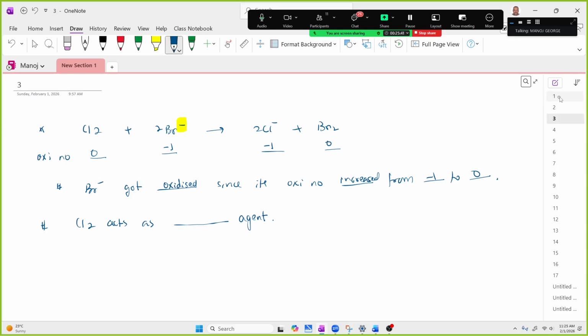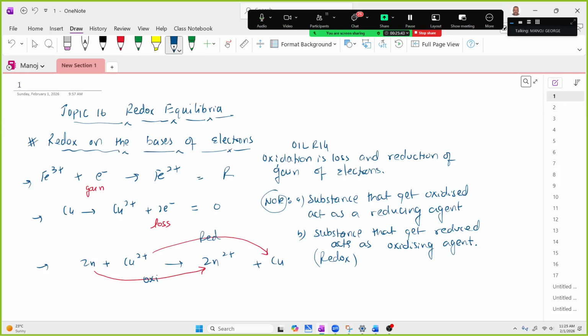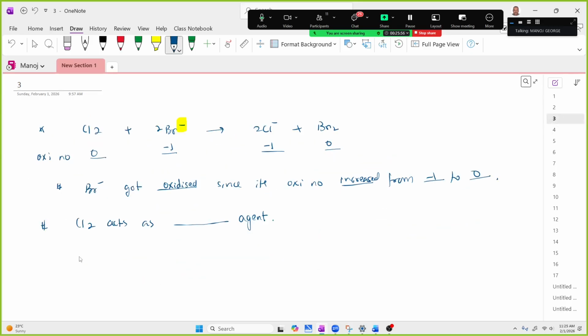So you have to follow this rule. Any substance that gets oxidized acts as a reducing agent. Any substance that gets reduced will act as an oxidizing agent. That's the rule given. So based on that, you tell me, what is chlorine acting as? Chlorine oxidation number from 0 became -1.